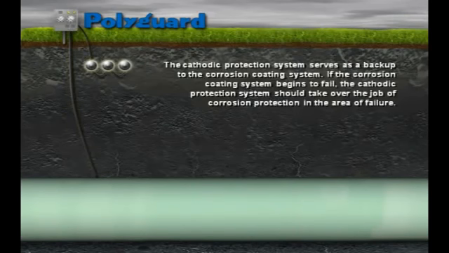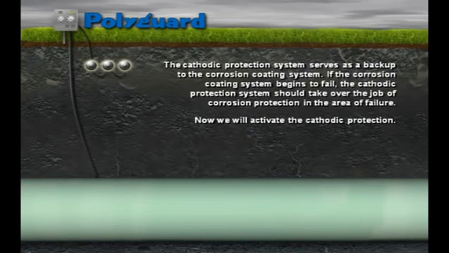The cathodic protection system serves as a backup to the corrosion coating system. If the corrosion coating system begins to fail, the cathodic protection system should take over the job of corrosion protection in the area of failure.